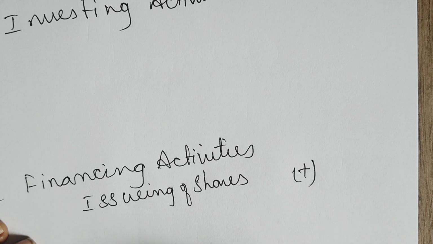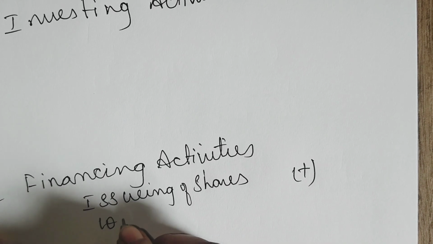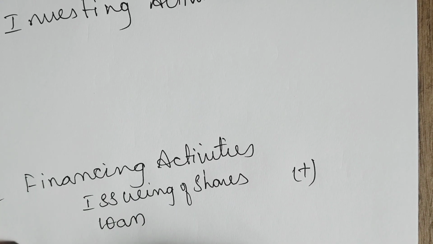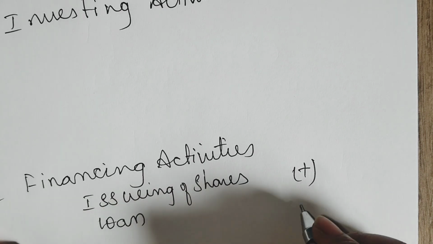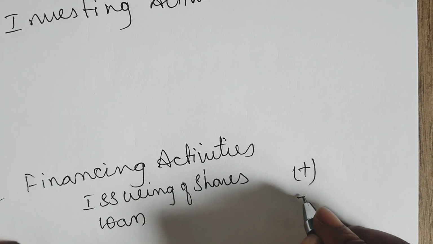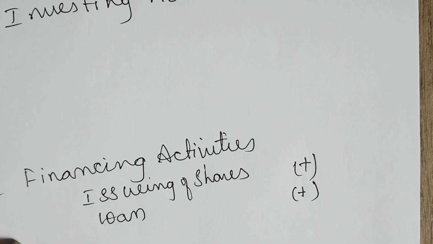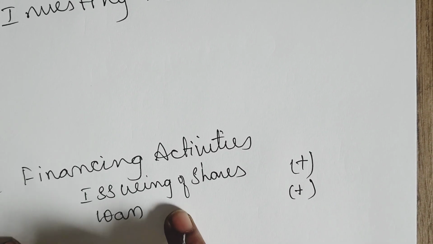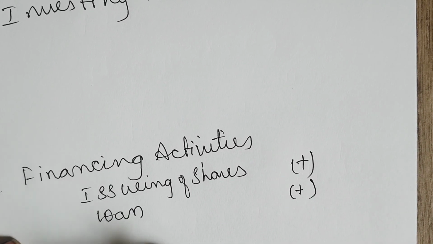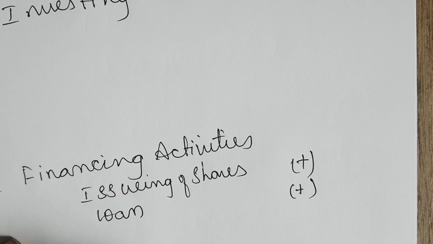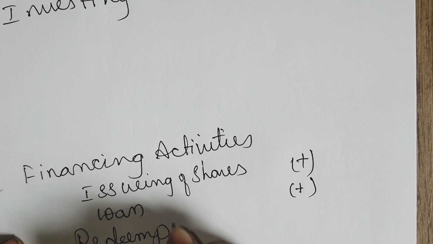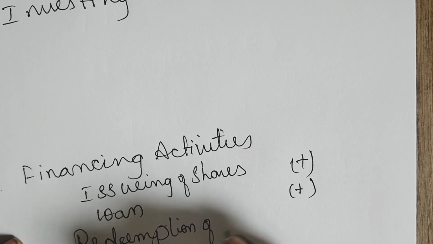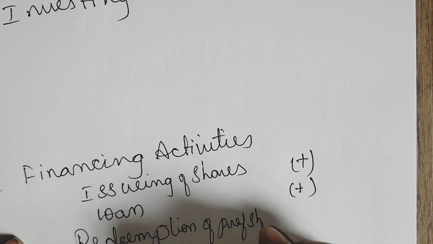Then you have borrowed a loan. Is capital alone enough to run the business? No, it's not possible. You need to borrow loans also. You borrowed the loan, cash is coming into the business, so it is add. Now, you issued shares, preference shares and debentures. After a certain year, you are going to redeem. Redemption of preference shares.